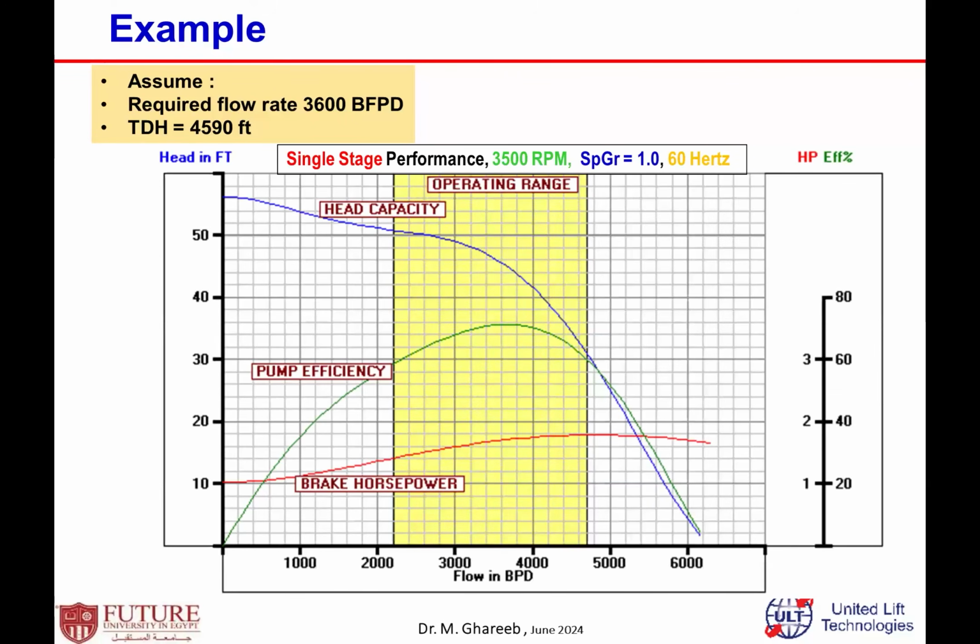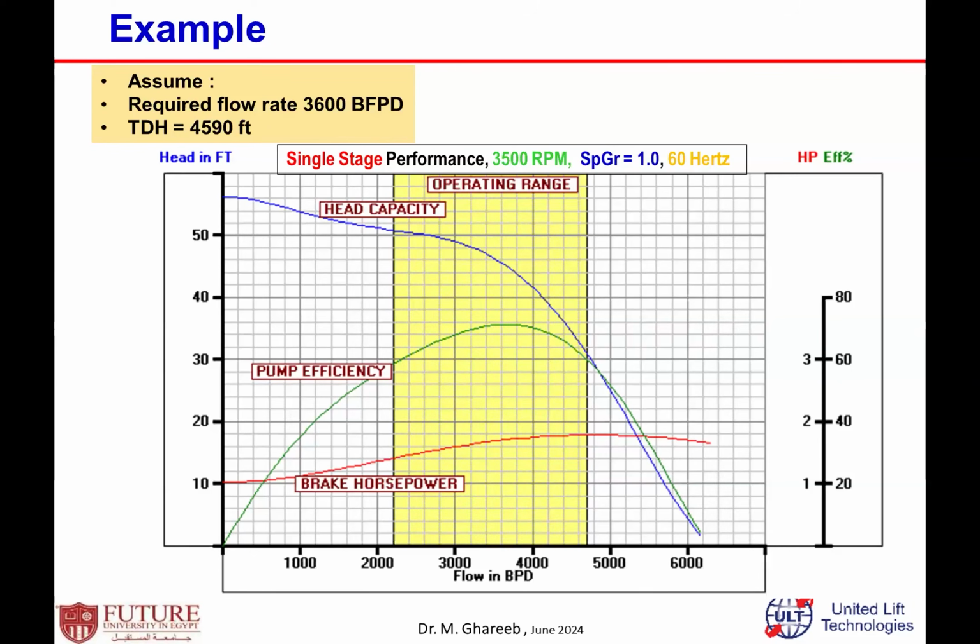For each pump there is a performance curve, like the one on the screen here. This performance curve is for a single stage, at a certain RPM, that means a certain hertz, for example 50 or 60, based on the manufacturer, and it is based on a specific gravity of water of one.